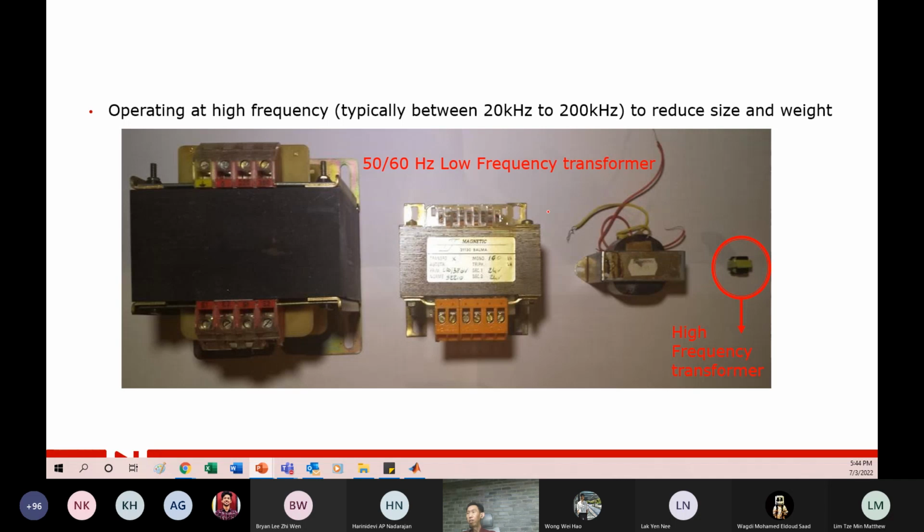But if we use a high frequency transformer, it can be as small as this one, compared to all these four, one, two, three, which are the low frequency transformers. Typically they operate at 20K to 200K, for the reason of reducing size and weight. Remember, as frequency increases, the smaller the inductor you have, the smaller the transformer you get.